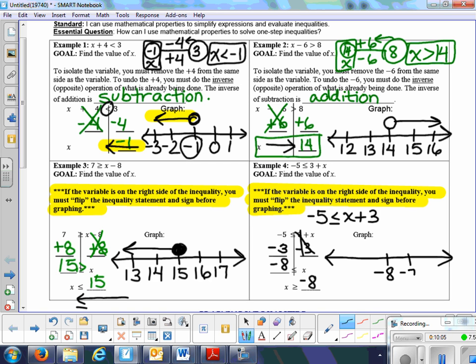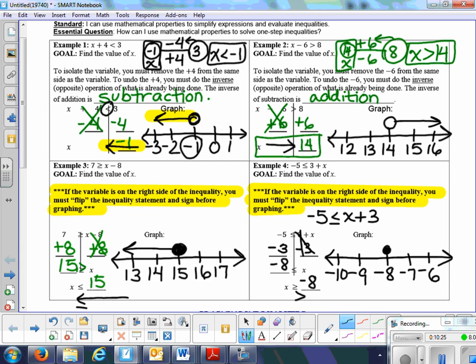So I'm just going to work my way up with a couple of numbers on the right hand side and work my way down with a couple of numbers on the left side. Again, this is greater than or equal to. So once again, I want to use that closed circle because the solution could be exactly -8.